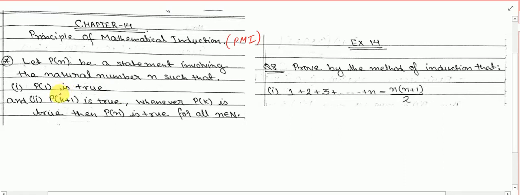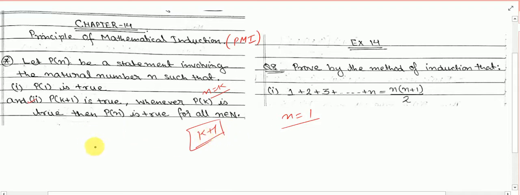And next we will check whether the given statement is true for n equal to 1 or not. Then second, we have to assume that the given statement is true for n equal to k. And thereafter we have to show that the statement will be true for k plus 1.